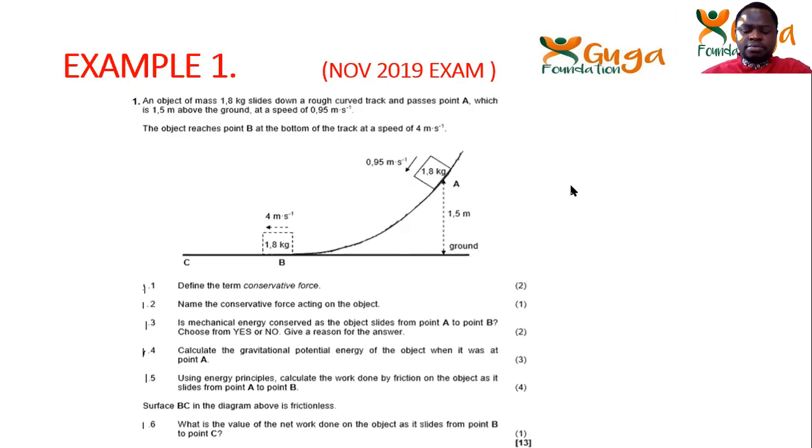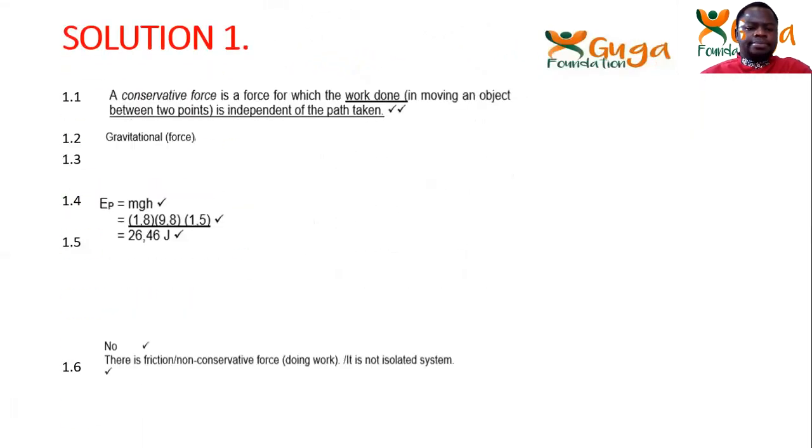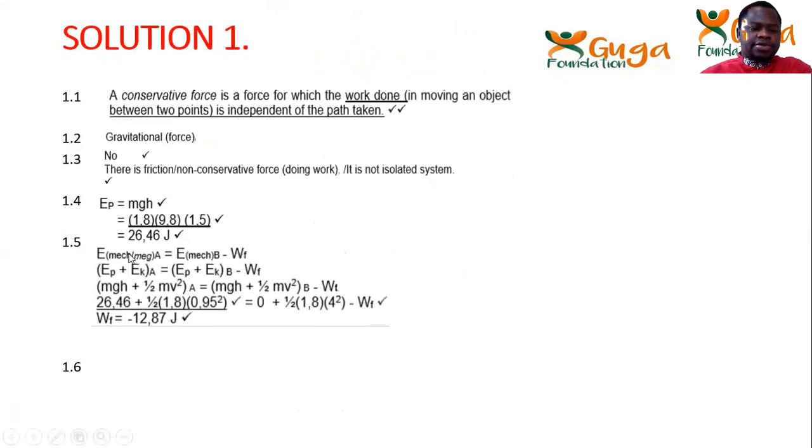So you make mechanical energy at point A equal to mechanical energy at point B, and then you minus the work done by friction.